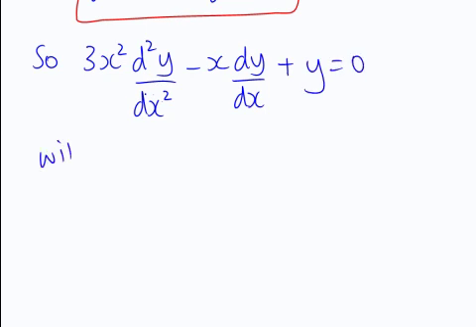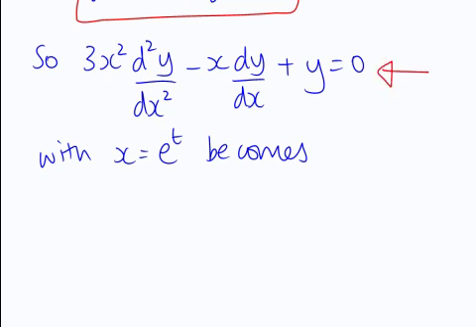And I've made the substitution x equals e to the t, and with that substitution it's going to become something different. The idea is that we're going to have a simpler differential equation once we've finished. So let me now start writing out this differential equation, making the substitutions as I go.